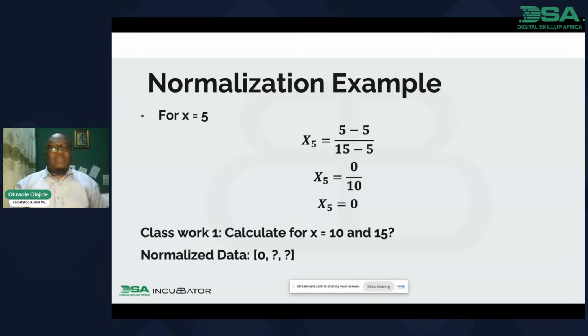So you can see that it's still between our scale. When we're talking about normalization, it must always fall between the scale, not lesser than 0 and not greater than 1. And when you look at the values we've gotten for 5, 10, and 15, it is 0, 0.5, and 1. Well, thank you, everyone.